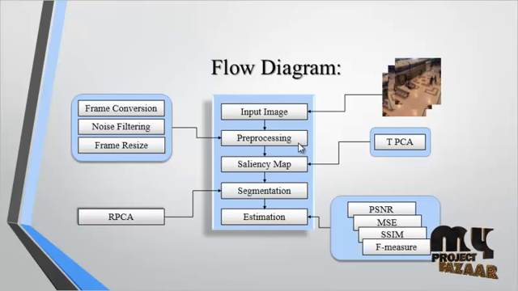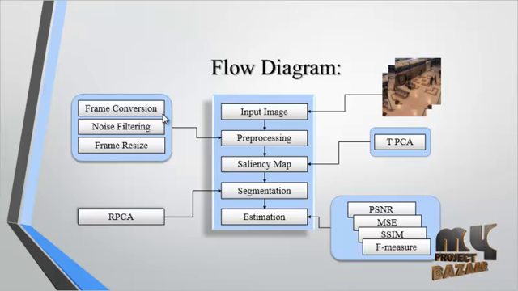In the pre-processing module, we consider three major types of pre-processing. First is the frame conversion, second is the noise filtering, and third is the frame resize. In the frame conversion step, the input video is taken and converted into a number of images.